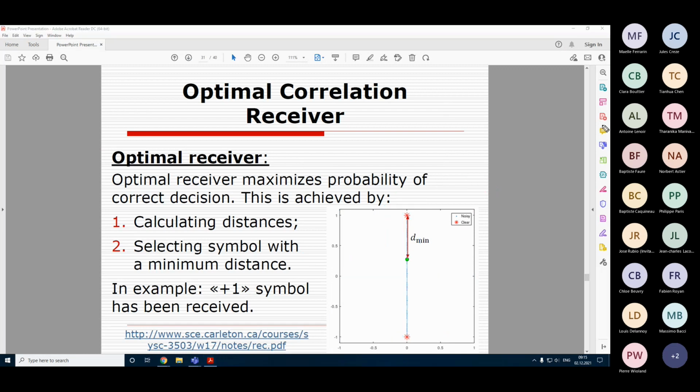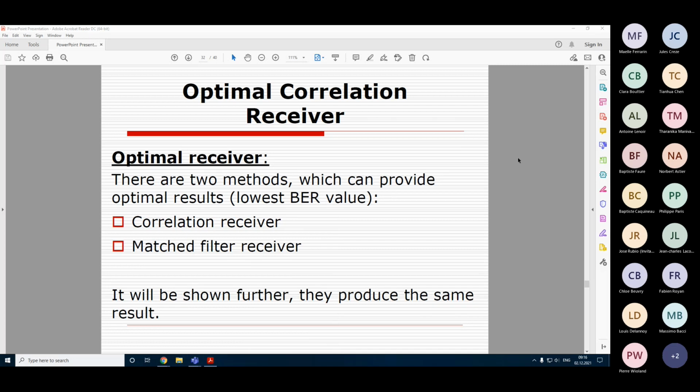But for now, we are sticking to simpler cases like binary amplitude shift keying, binary frequency shift keying, and binary phase shift keying. So the idea is simple, right? We calculate correlation, compare the results, and then we choose the signal with higher correlation.